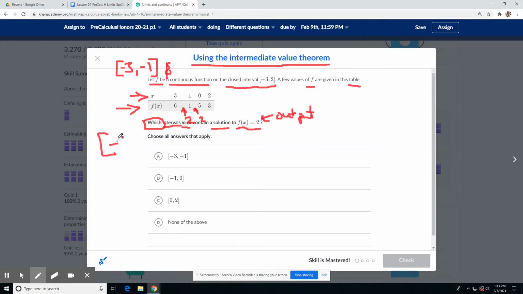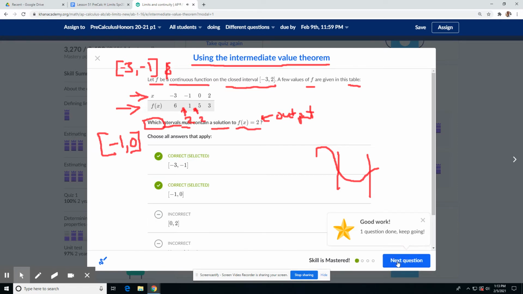So between -1 and 0, there has to be a solution, because it's continuous, so you can't pick up your pencil, and it's in between these two where you have bigger or smaller values, so it has to be between it. Let's see what their answers are. So -3 and -1, -1 and 0, and not 0, 2.